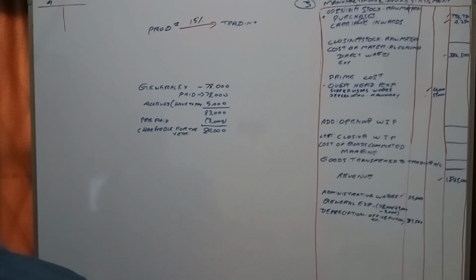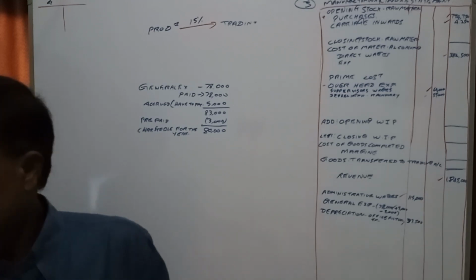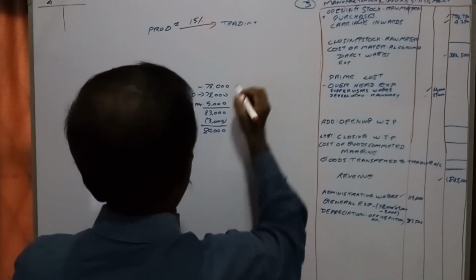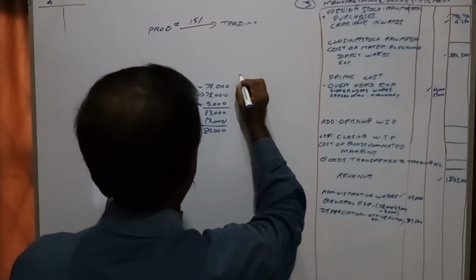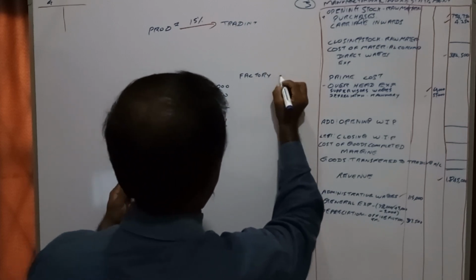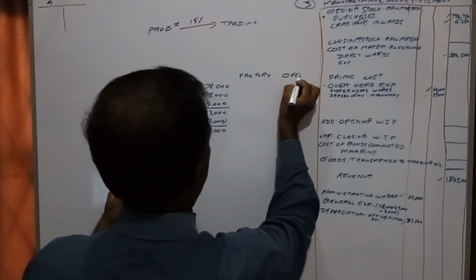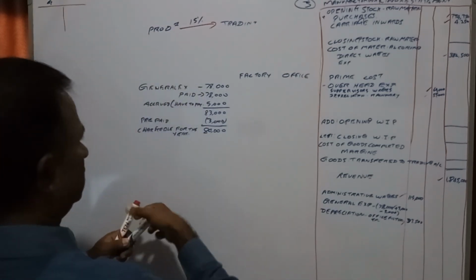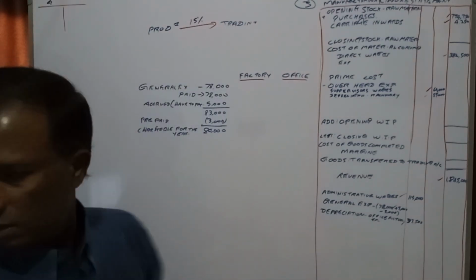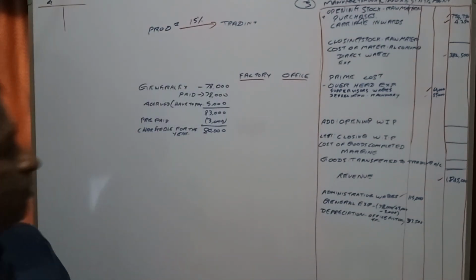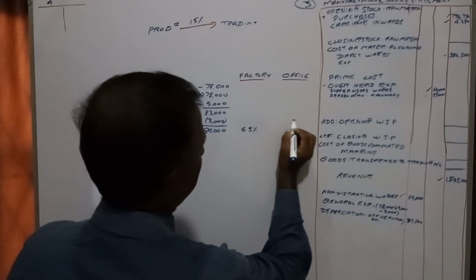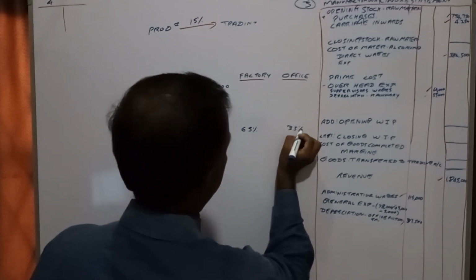Out of general expenses, 65% is for the factory, and the remaining 35% is for the office.